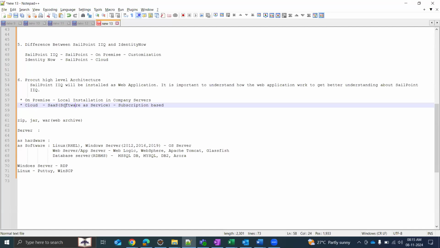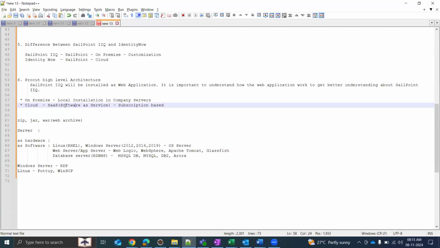You might have heard of IaaS, PaaS, SaaS, these three terms in the cloud era. In the cloud, they're offering these as services, which means you will not own it completely. It will not be present within your data centers, but you will use it on an on-demand basis.